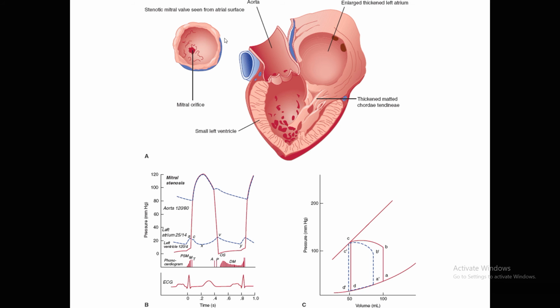So, normally 5 to 6, and a decrease to 1 centimeter square is the borderline, the crucial decrease. Most commonly, this is a complication of rheumatic heart disease, especially endocarditis, less commonly congenital or calcium depositions, calcifications due to some systemic disease, for example, rheumatoid arthritis or lupus erythematosus.